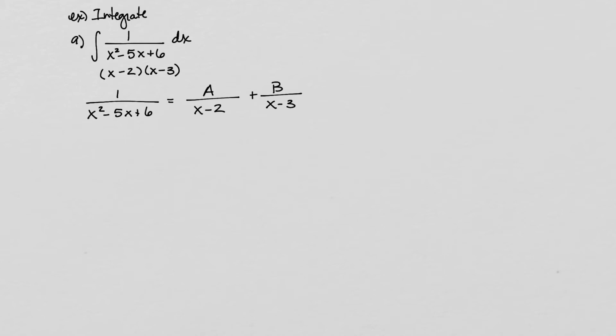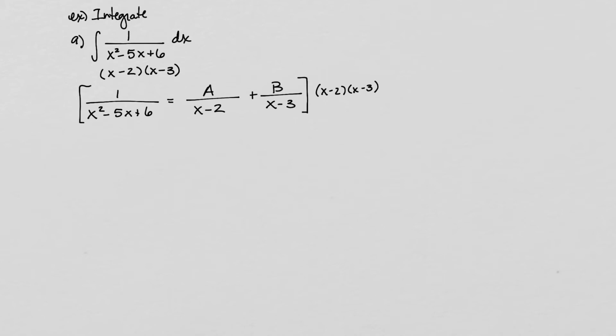No? Okay. So now what I want to do is solve this. I have an equation. I need to solve it for A and B. The easiest way to do that is to clear the denominators. So if I think about multiplying this whole entire thing by x minus 2 times x minus 3, x minus 2 times x minus 3 is in fact x squared minus 5x plus 6.